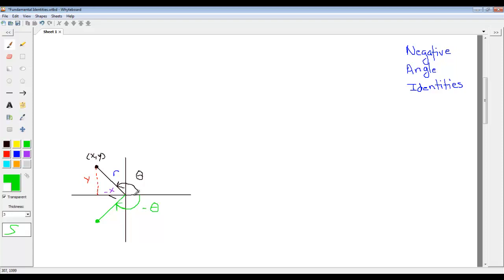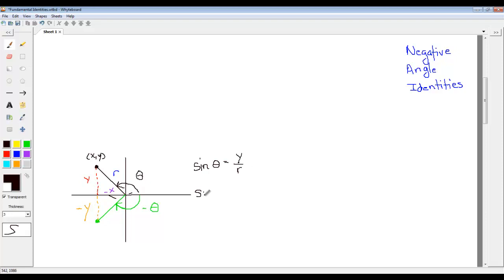Okay, so negative theta going that way. Then your y for that one is a negative y. But you start looking at stuff. Your sine of your theta here, for this particular one, sine is opposite over hypotenuse, will be y over r.